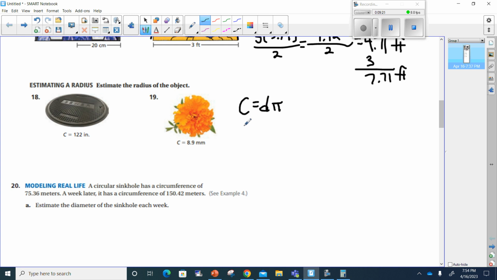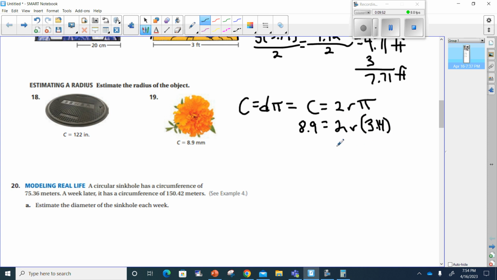So I can also say circumference is 2 radiuses times pi. So the circumference is 8.9, 2 gets carried down, we know that pi is 3.14, and that just leaves us r left over for our variable to find.